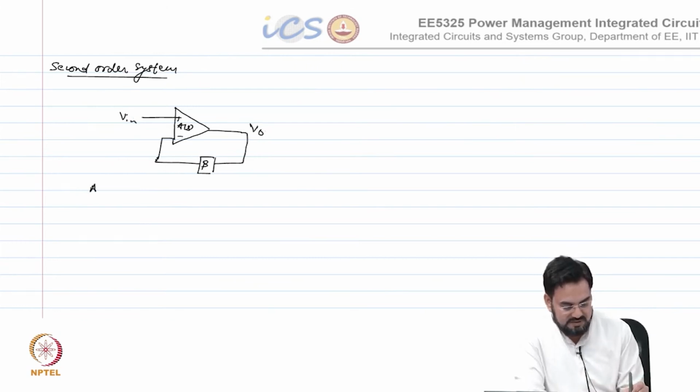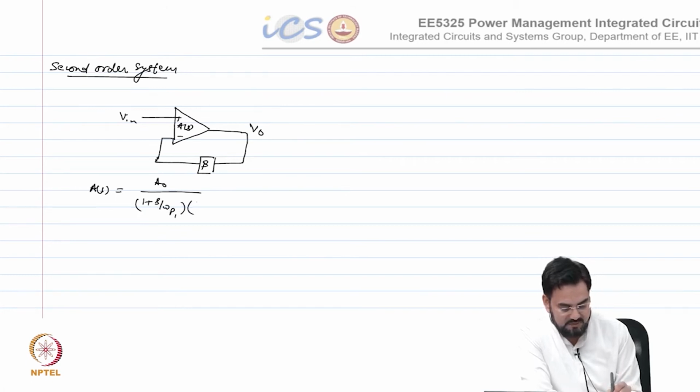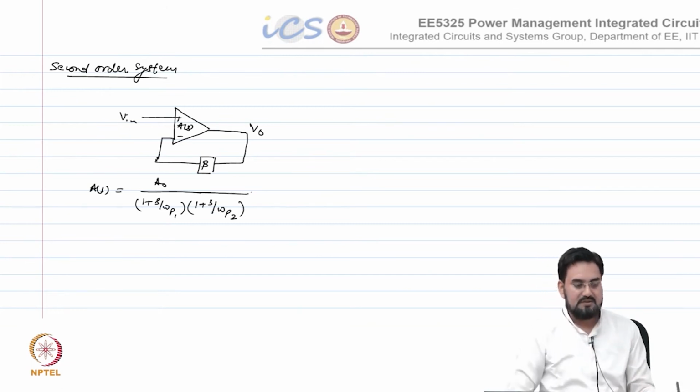So for a second order system, A should be A naught over 1 plus S over omega P1 into 1 plus S over omega P2.